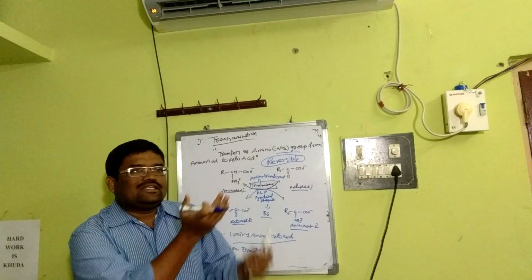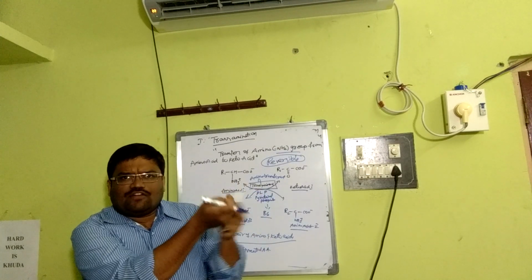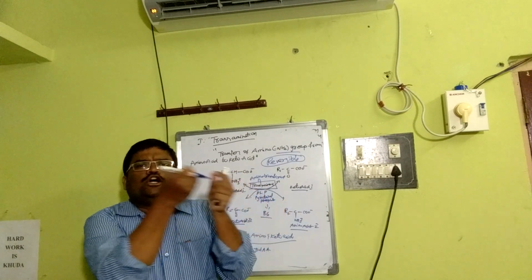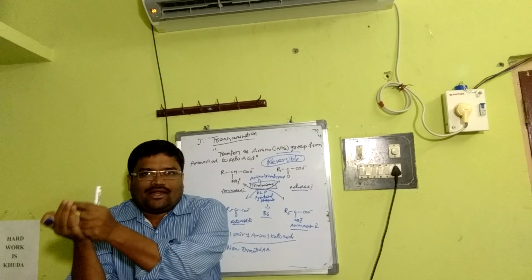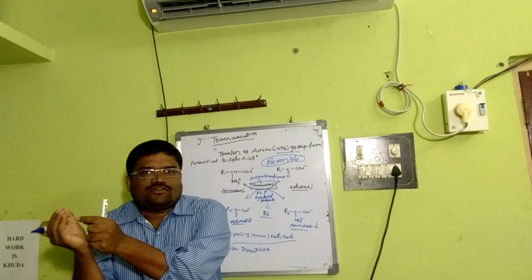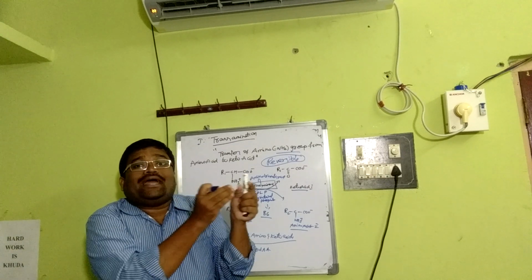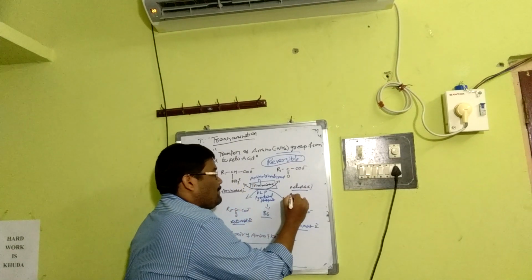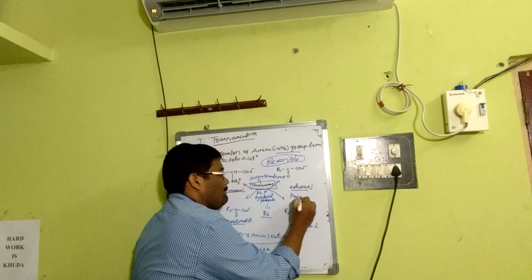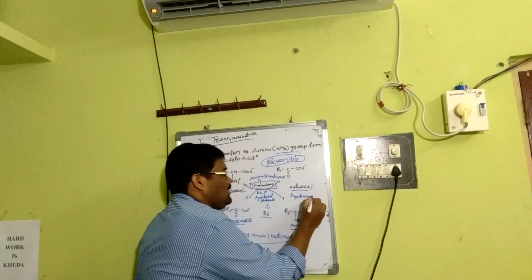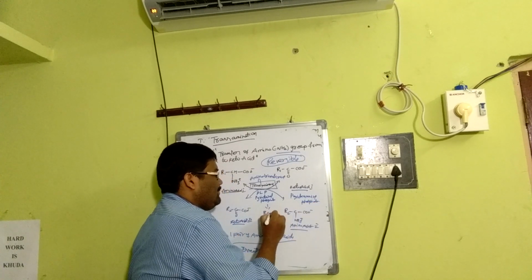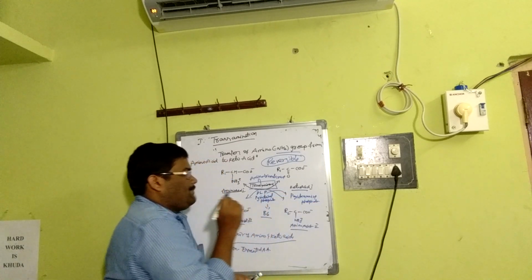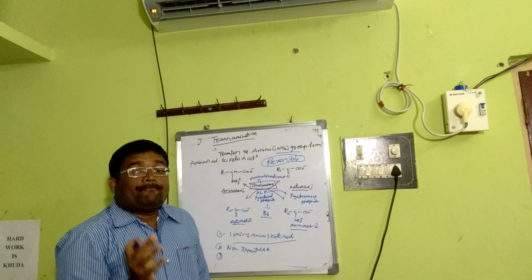Number one, the transfer of amino group from the concerned amino acid to PLP, pyridoxal phosphate, which becomes pyridoxamine phosphate.